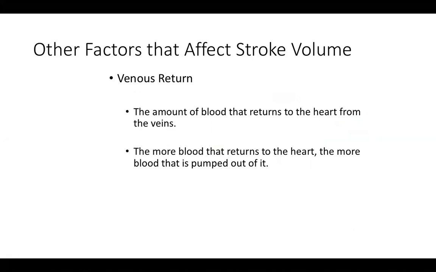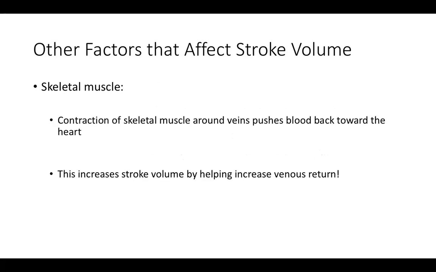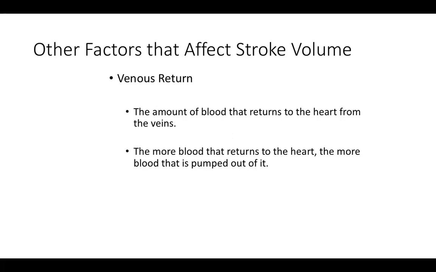So from the superior vena cava, inferior vena cava, how much blood is actually coming back. The more blood that returns to the heart, the more blood that needs to be pumped out of it. And so that's the general rule. If you have an increased venous return, your cardiac output has to increase under normal circumstances. If it doesn't increase, that blood is going to start backing up, which is a whole problem in itself.